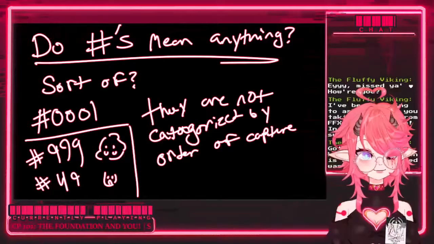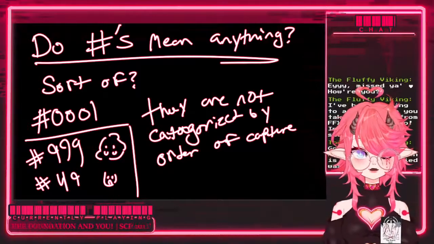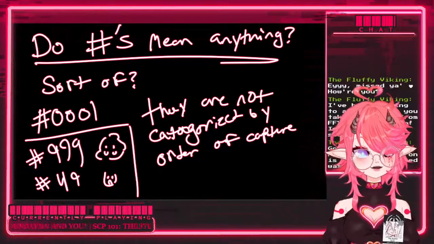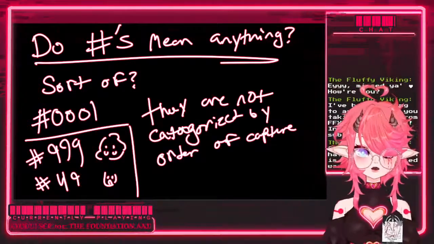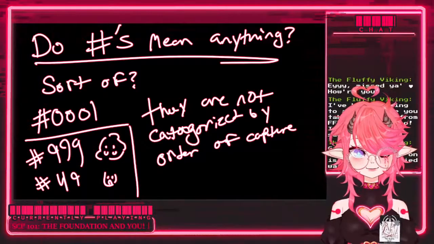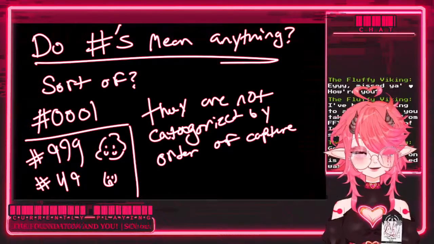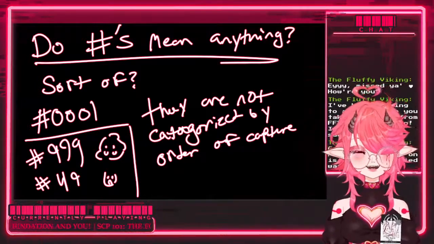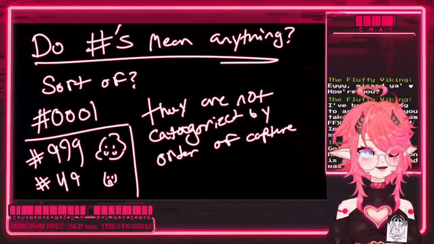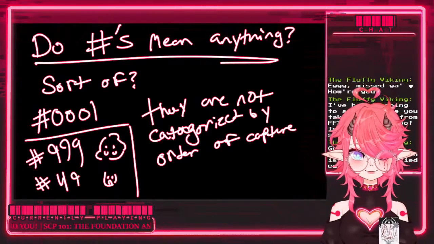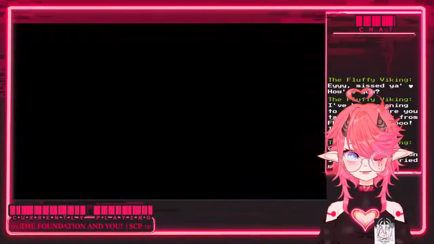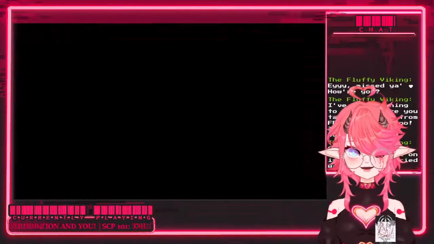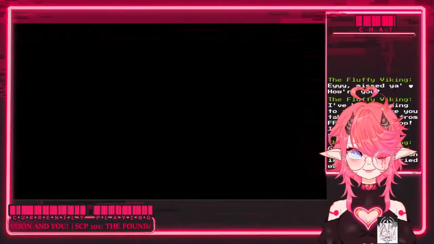So when you look at them and you understand the way that they work, you know the number attached to them, and you're able to easily find them. It's not a numerical order in the same way of capture or containment, but it is a numerical order in the way of identifying, kind of like a Dewey Decimal System. It's pretty straightforward once you actually get down to it.